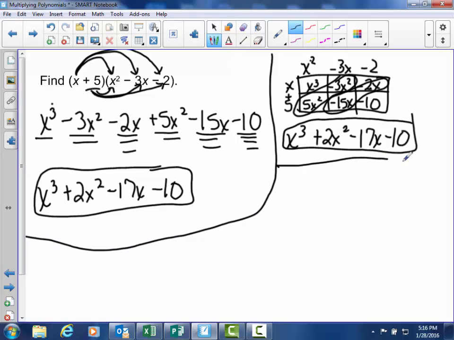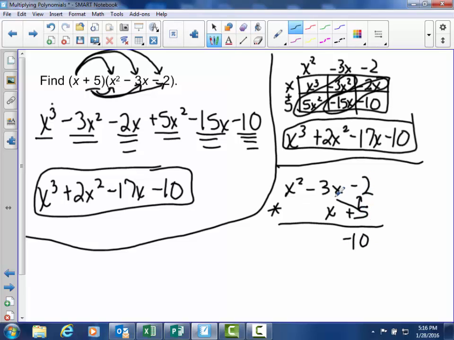And then finally, if we wanted to do it vertically, we would put the longer polynomial on top, so x squared minus 3x minus 2, and then we multiply it times x plus 5. So 5 times negative 2 is negative 10. 5 times negative 3x is negative 15x. And 5 times x squared is 5x squared.